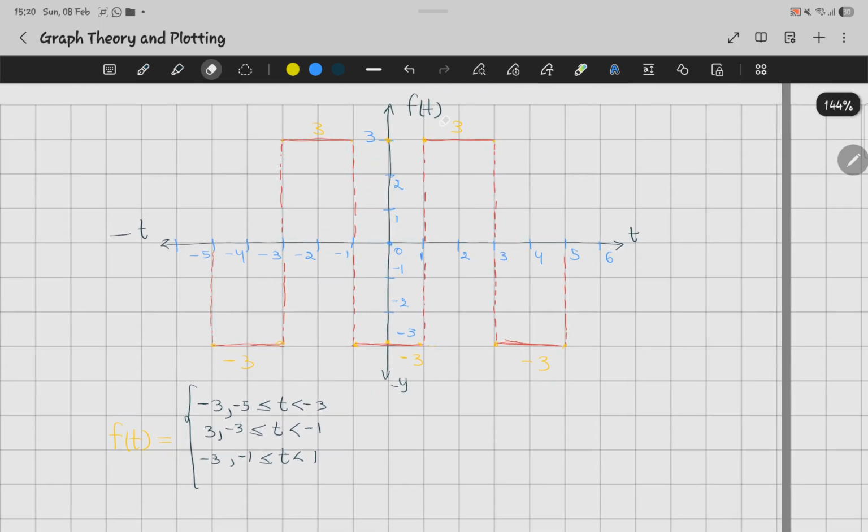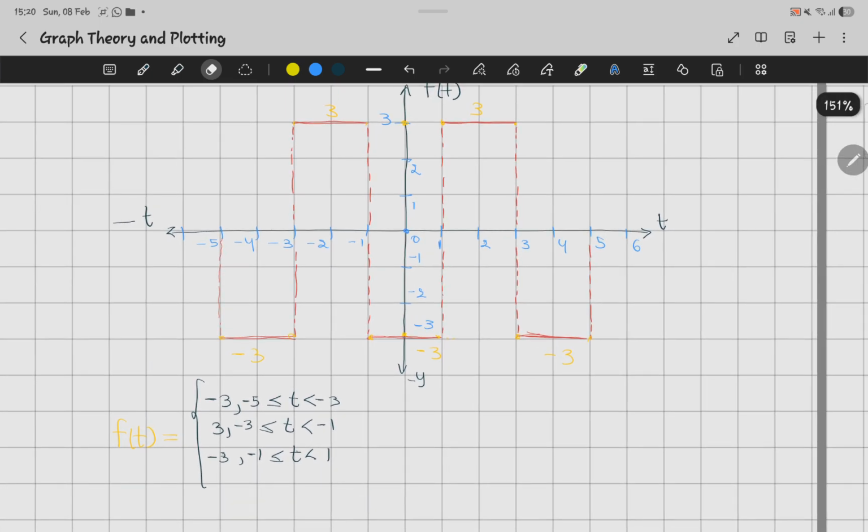Let's continue. Here we have another 3, so the amplitude is 3, starting at 1 and ending at 3.